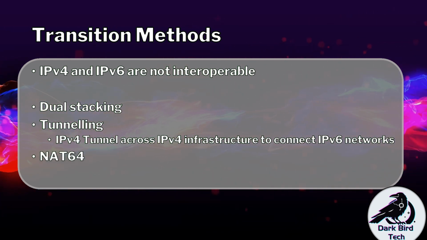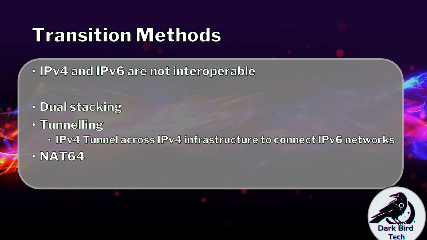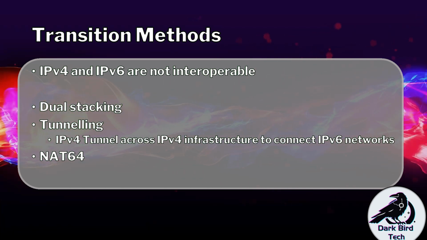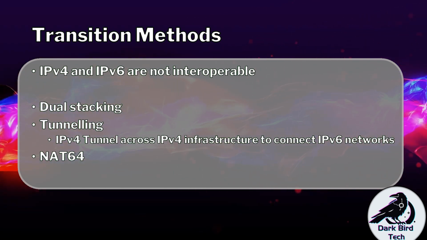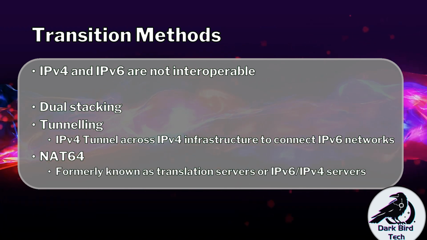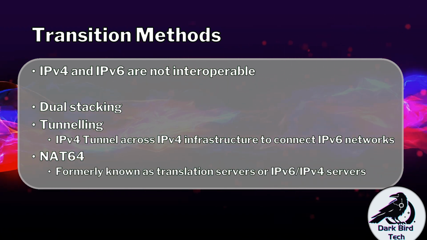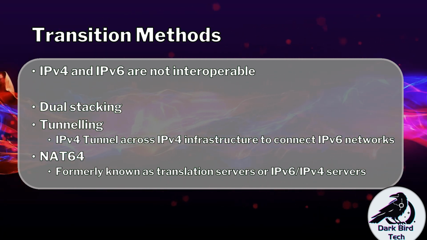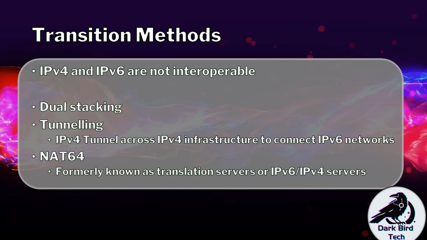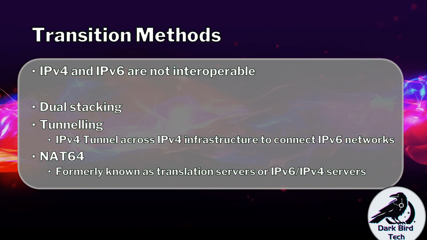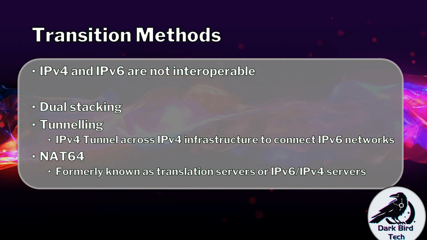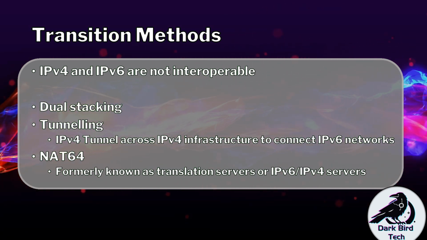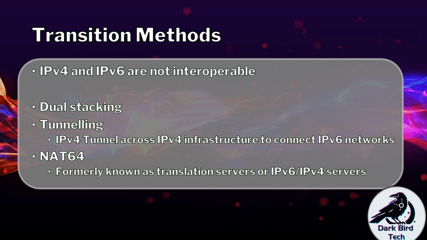I could also look at doing network address translation 64, or NAT64, which is the NAT service that we can use to convert IPv6 traffic to IPv4 traffic. It used to be known as a translation server or an IPv6 to IPv4 server, where in my network I will use IPv6, and then when it gets sent to that server, which will probably act as a gateway, the server takes the IPv6 payload, the message that we want to transmit, takes it out of the IPv6 packet and puts it in an IPv4 packet to send on to IPv4 infrastructure.